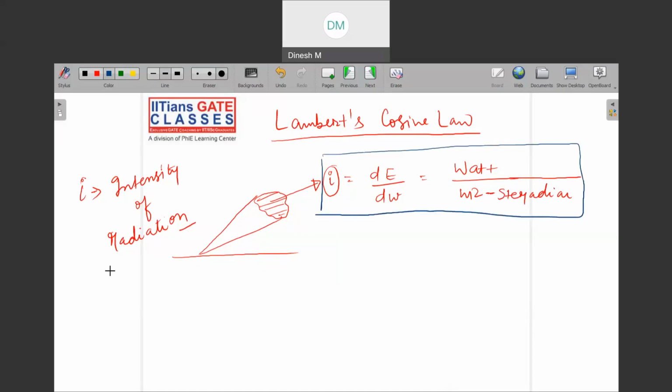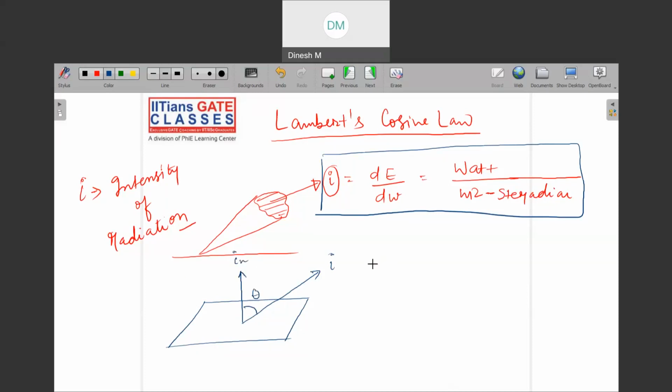Now, if I know I for any direction, let us say that this is a surface, and I have this I, and this is my I_n, and this is my theta.